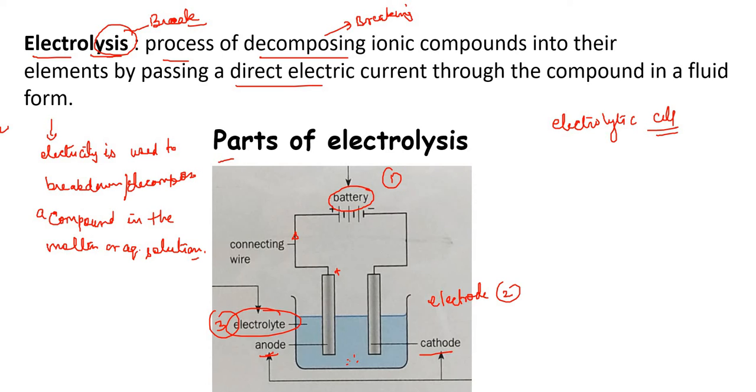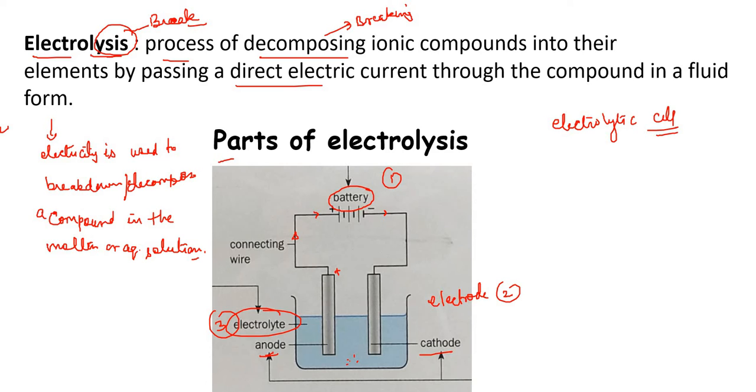The electrons enter the positive terminal of the battery and are pumped out of the negative terminal.